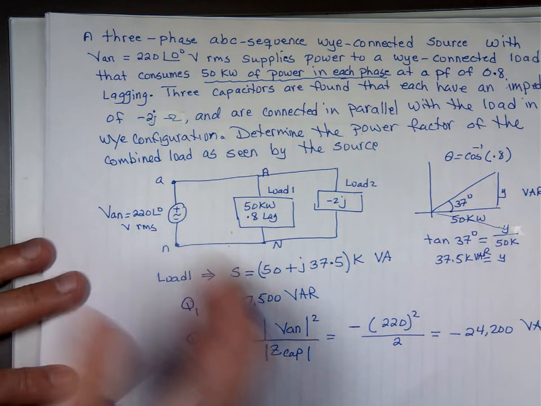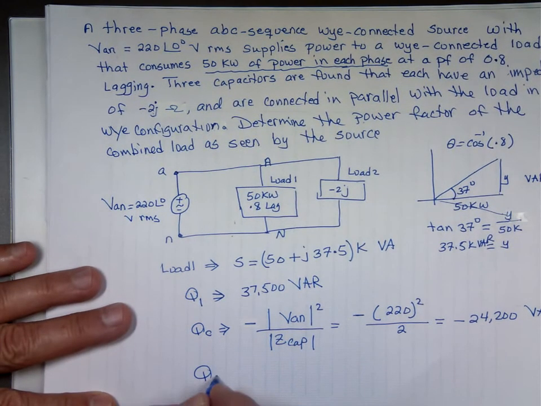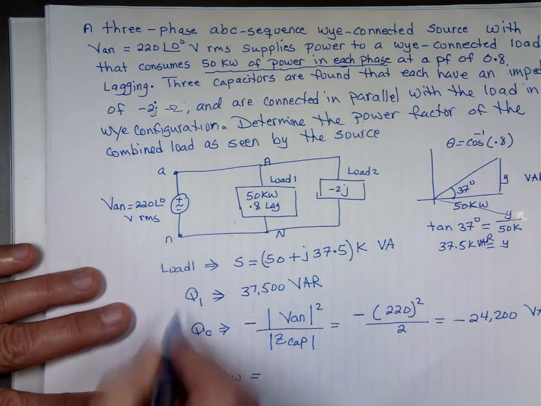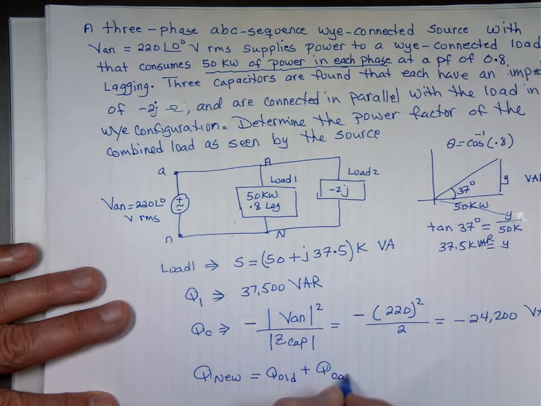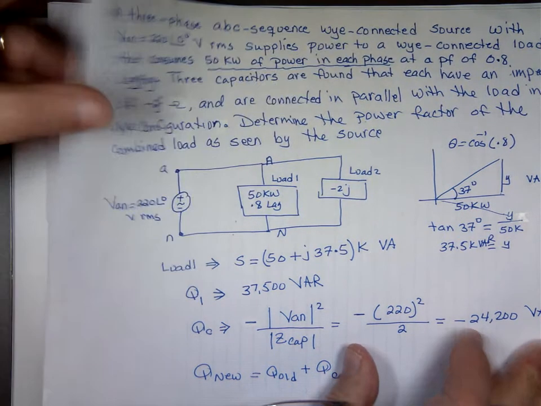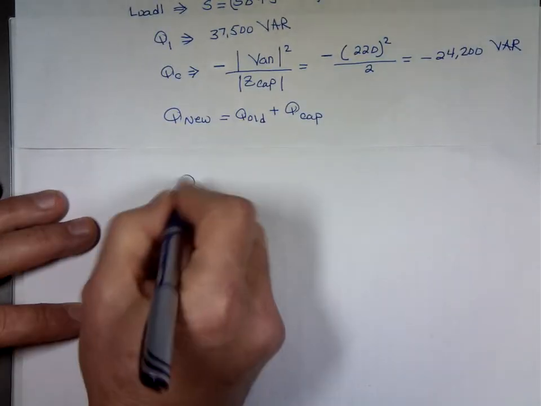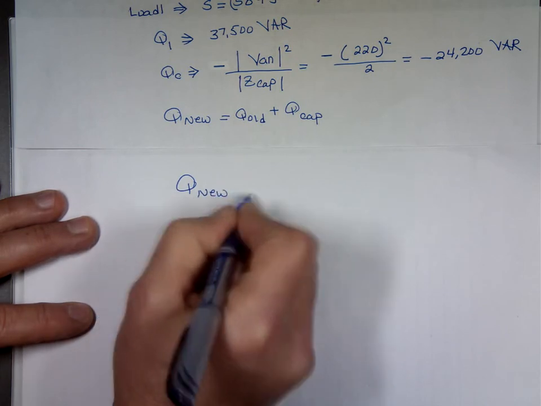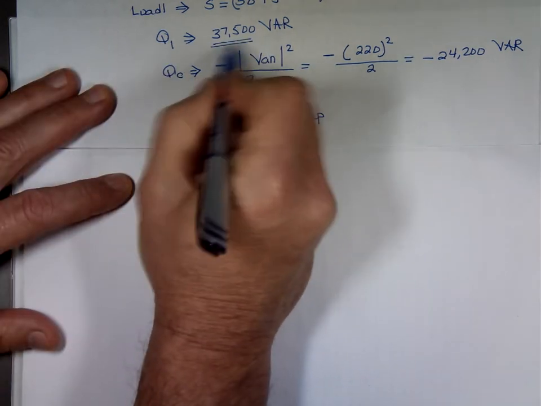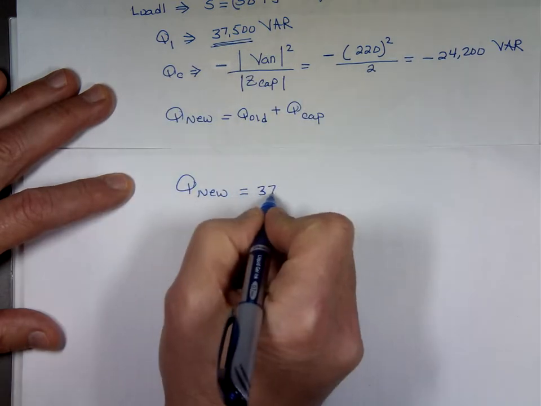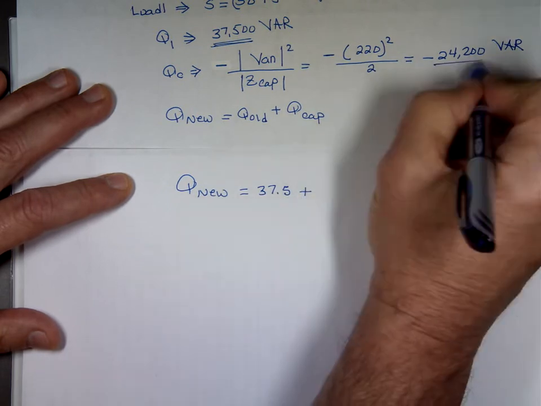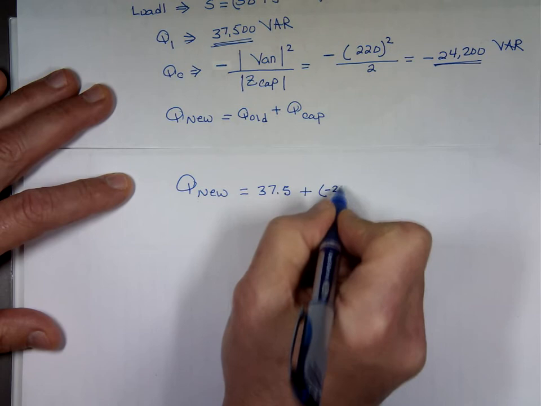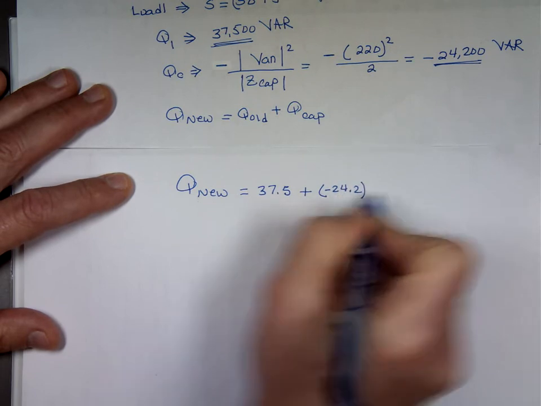So when you put them together, the new Q is going to equal the old one, Q1, plus Q for the capacitor. The old Q was 37.5 K. Add to it the new Q, which is negative 24.2 kVAR.